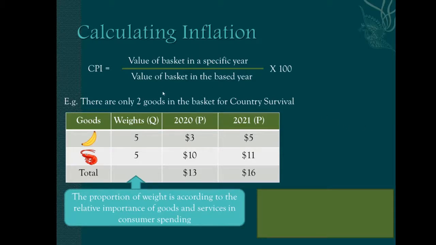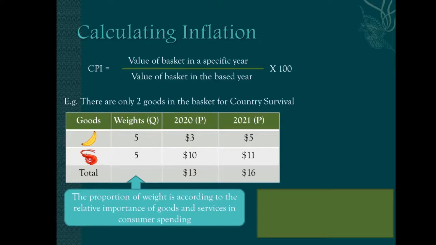Here you can see the weights that we are looking at. Let's make an assumption that the weights the people spend on bananas is 5 units per year, and on shrimps also 5 units per year. This is how many bananas and shrimps they need in order to survive.